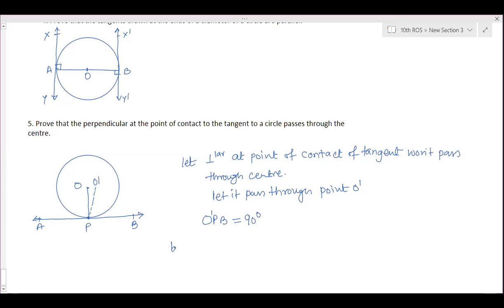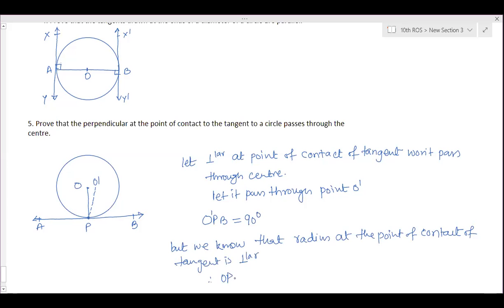But we know that radius at the point of contact of tangent is always perpendicular.